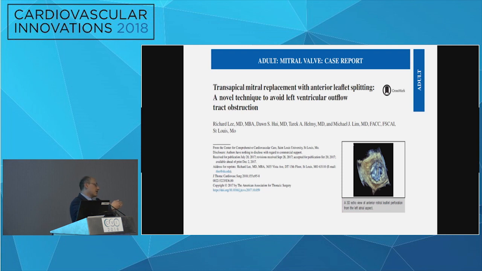You're deploying your valve within the anterior mitral leaflet, and as long as you size it according to the appropriate annular size, you get a nice seal, rather than being in the middle of the valve with the potential for some of the leaflets to be bunched outside of your TAVR or Sapien and cause perivalvular leak. So we've had no perivalvular leak and very good results with this.